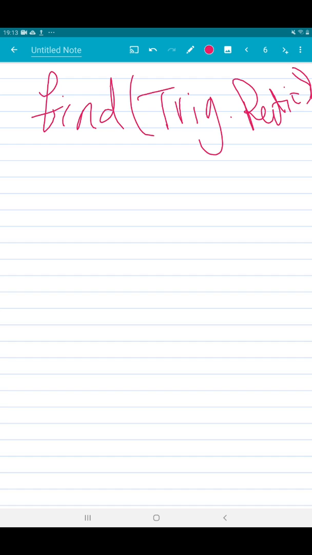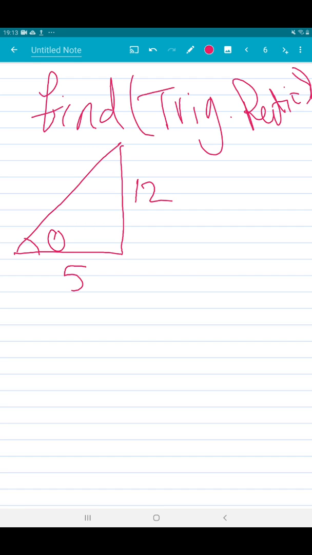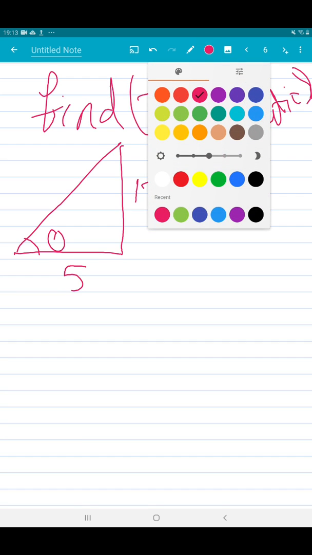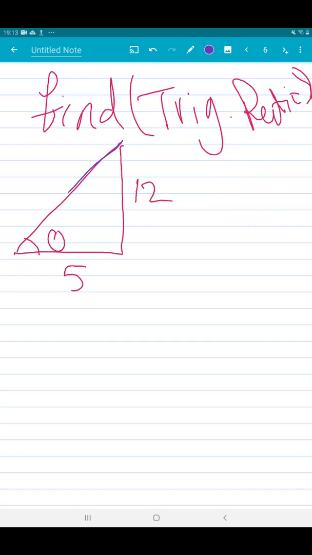This is the triangle. This is theta. This side equals 12 and this side 5. The hypo is unknown. Before finding sine theta, cosine theta and tan theta, first you should find the length of the hypo.